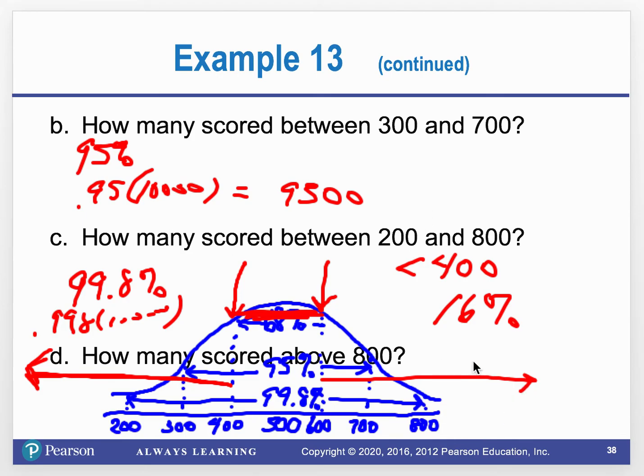So notice once I've drawn my normal distribution, which is the same for every single normal distribution, then I can answer all kinds of questions about it.